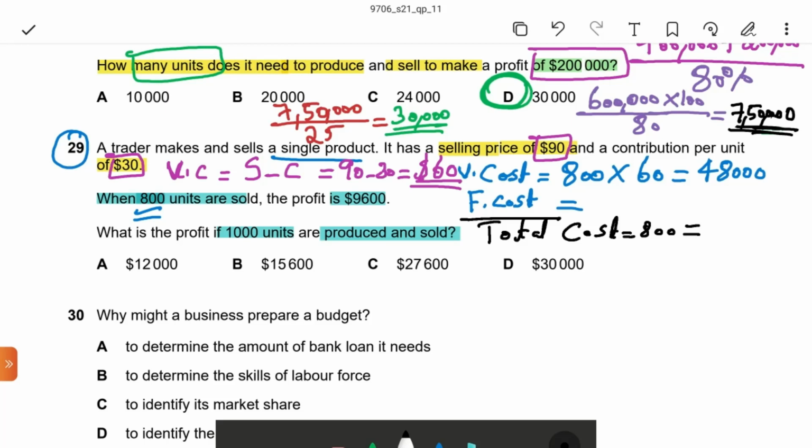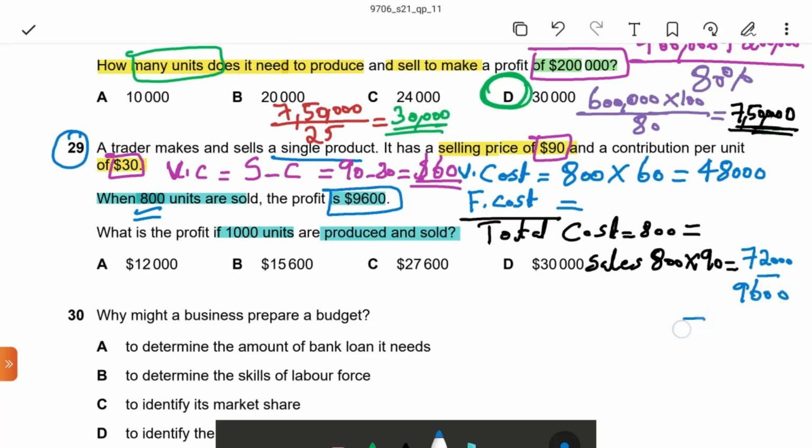So sales is 800 multiply 90. The sales is 72,000 minus our profit. Profit is 9,600.